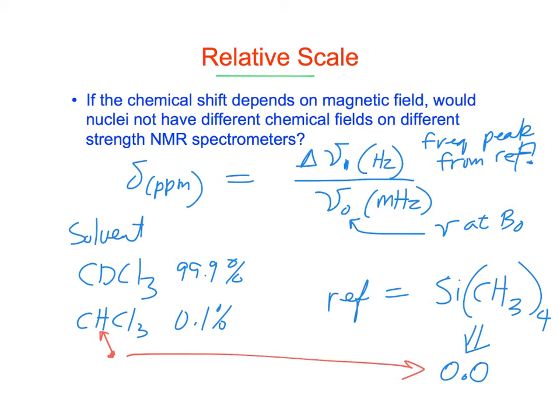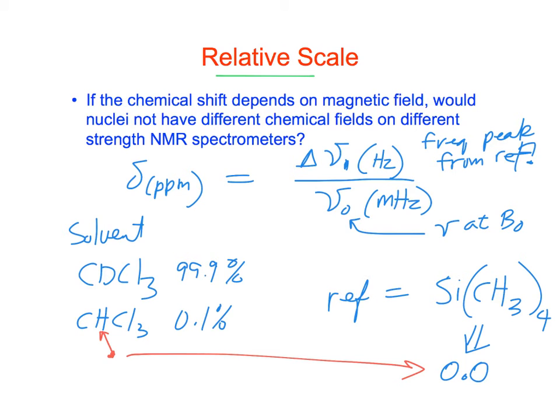Right. Yeah, we were having that issue before. Yeah, because it shows up as 7.24 if you do it relative to TMS, but if you use the residual solvent peak, apparently it's 7.26. I'll have to double check. You know, it's funny how that seems to have changed a little bit, because when I was first doing it, we always used to set it at 7.24. Yeah, some reference books now say 7.26. Yeah, they started publishing this in 2009, they started switching.